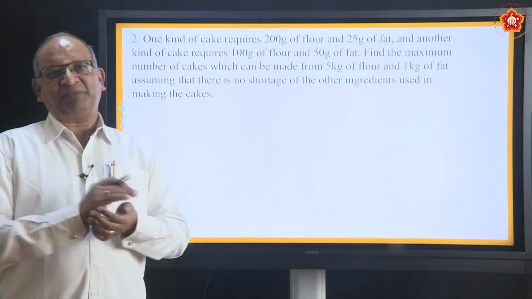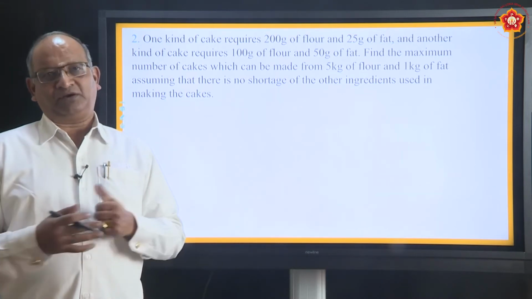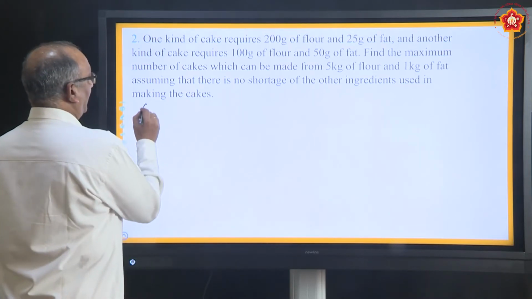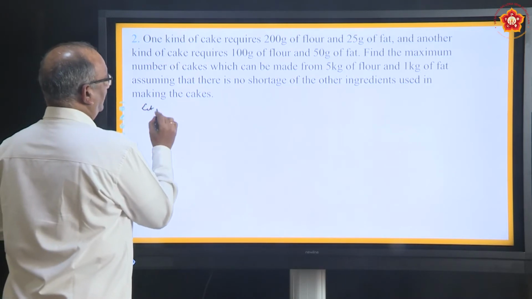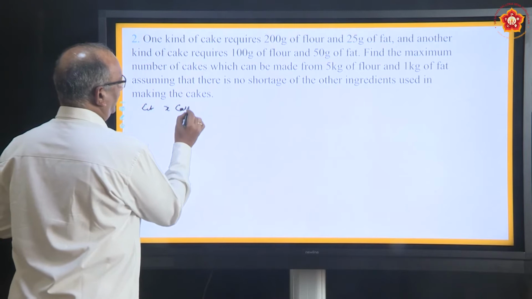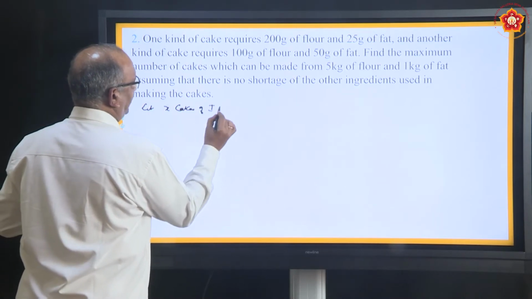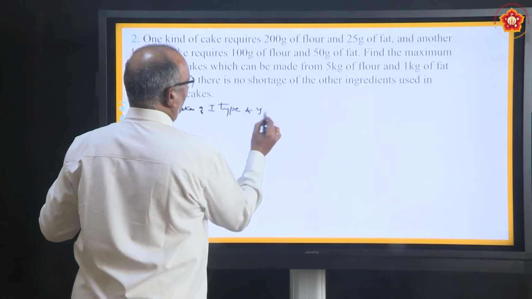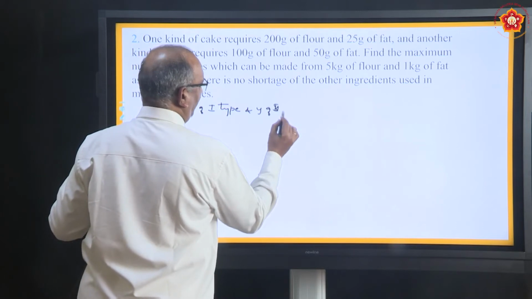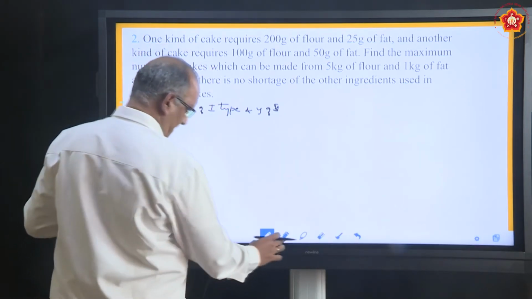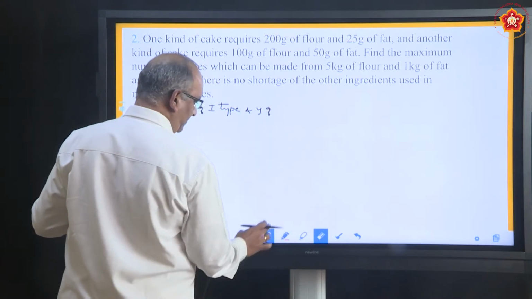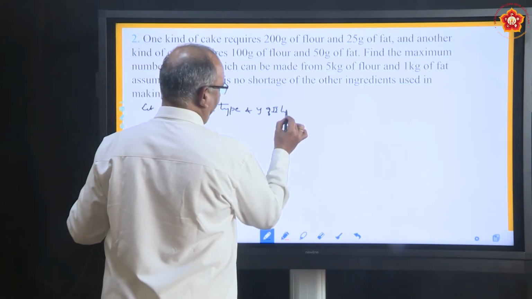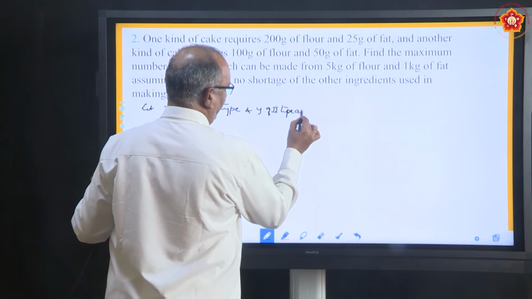Two kinds of cakes he is making. We have to find out how many cakes can be made. So let x cakes of the first type and y of the second type be made.